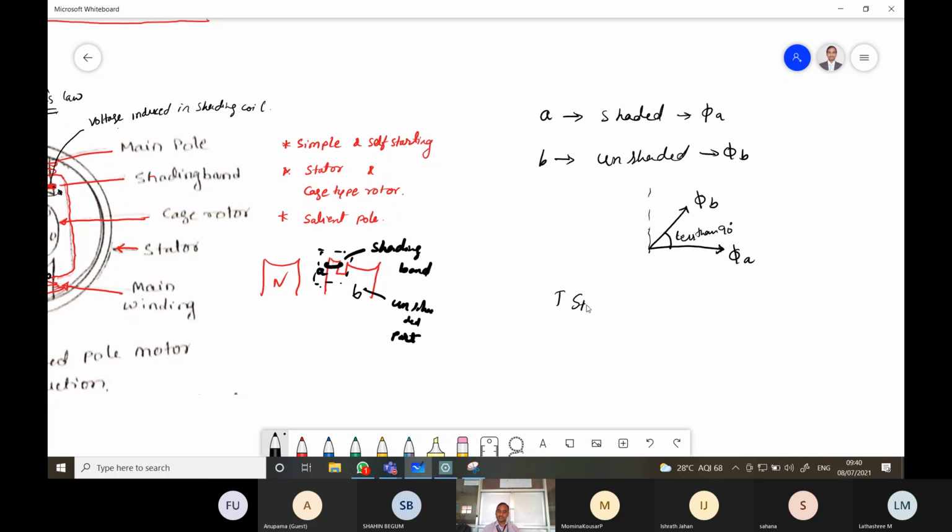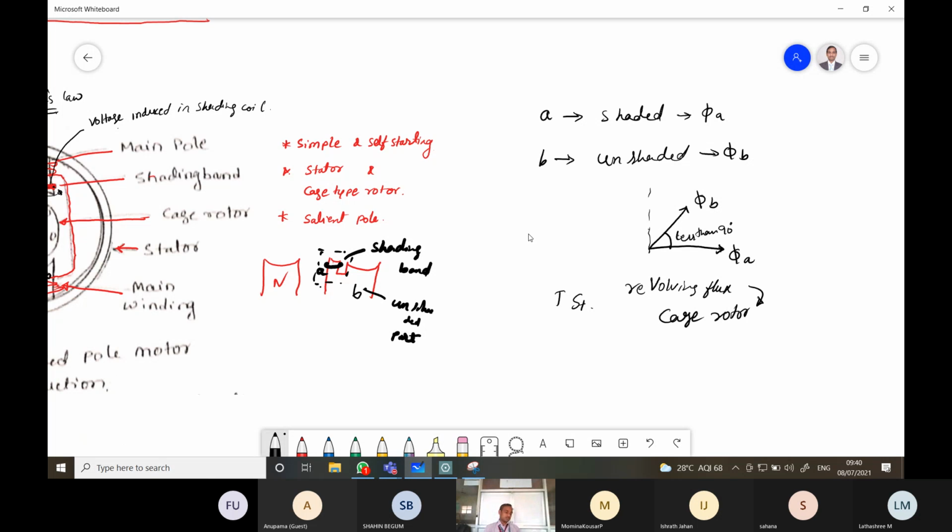Because this is a cage rotor, the revolving flux links the cage rotor, so torque is produced, and then the motor starts rotating. This is the working principle of the shaded pole induction motor.